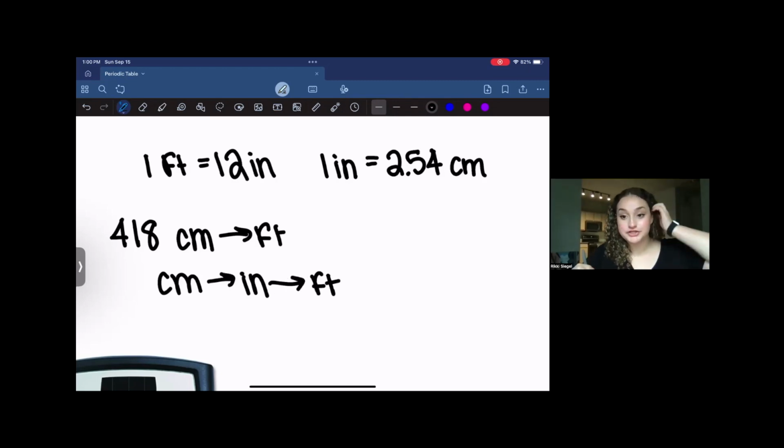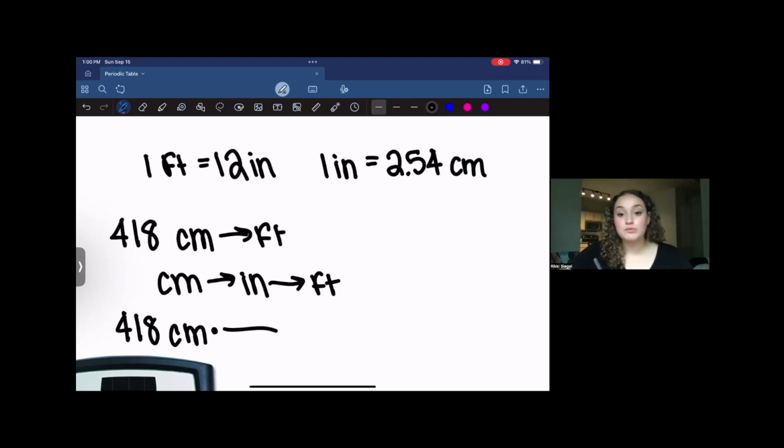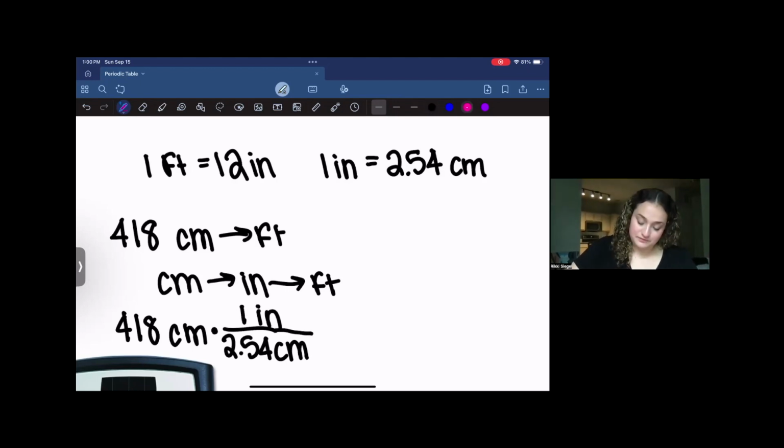So this is what we're going to do. As always, you start with whatever you're given. So we are going to start with 418 centimeters. First thing we want to do, convert it to inches. We want to cancel out centimeters, so that will be in our denominator, and inches will go in our numerator.